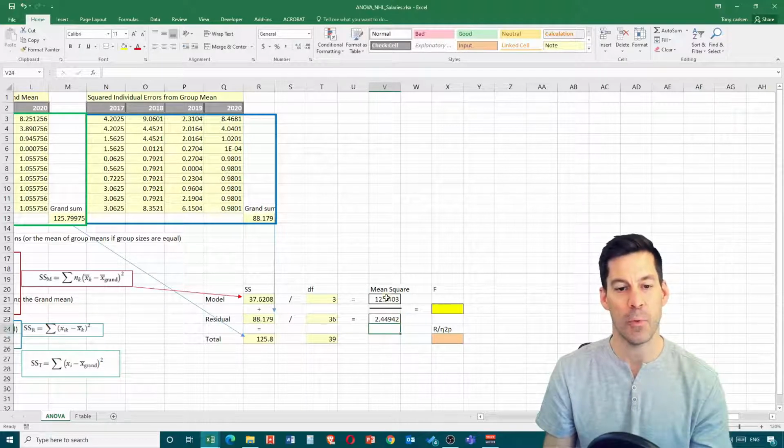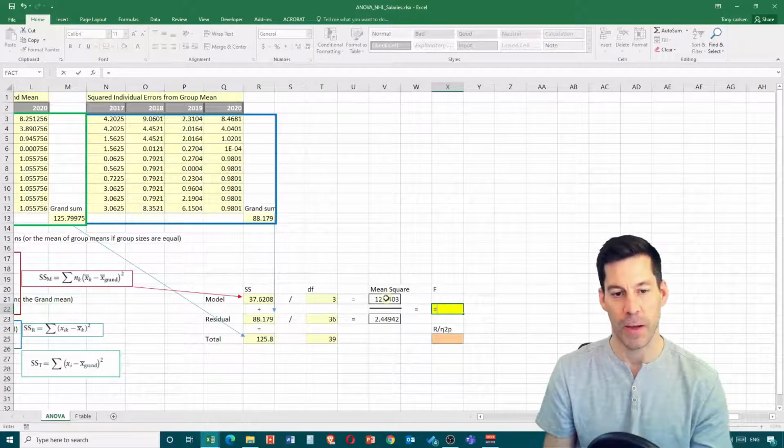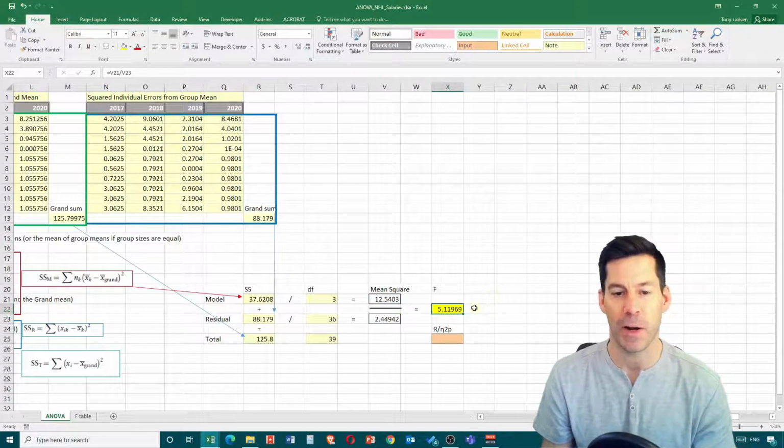That gives me a 2.44. Now we see to calculate our F ratio, it's just the ratio between our mean squared of our model and our mean squared of our error. So that's just equals mean squared divided by mean squared error. And again, F ratio of 5.11969.